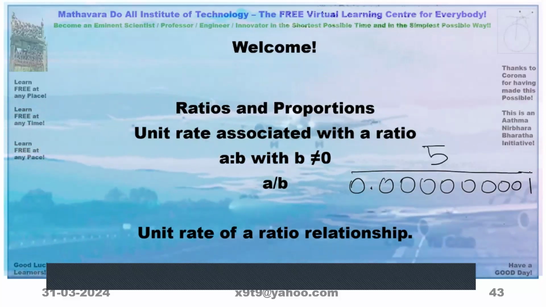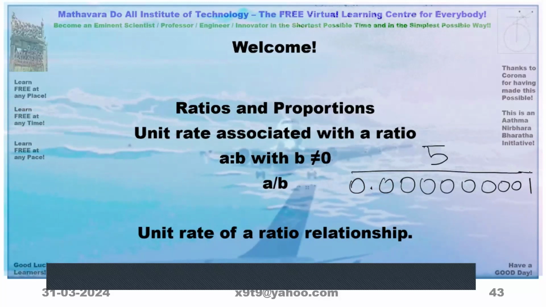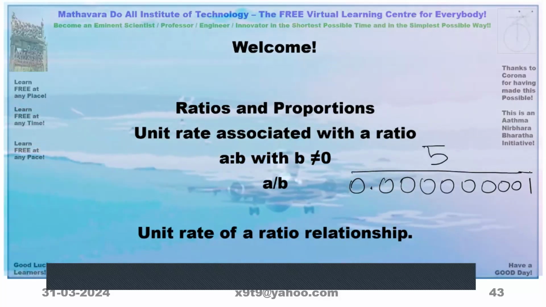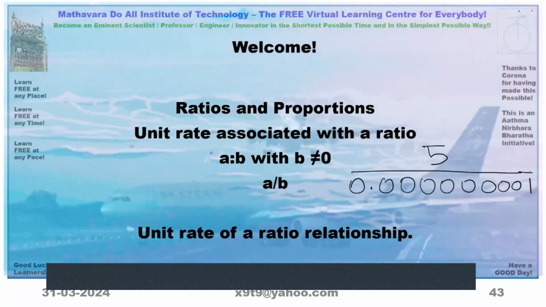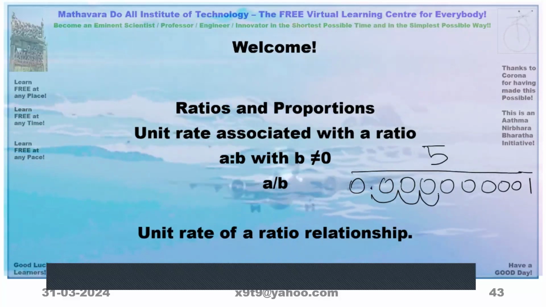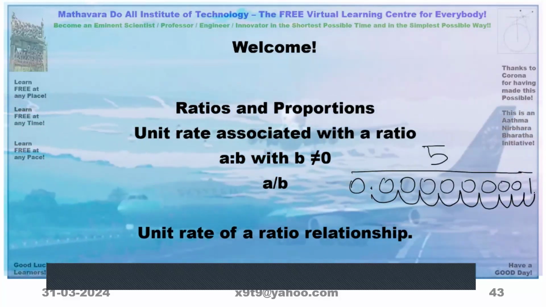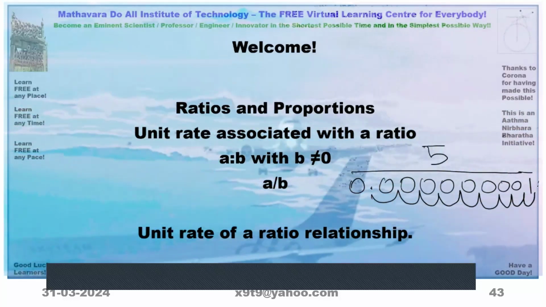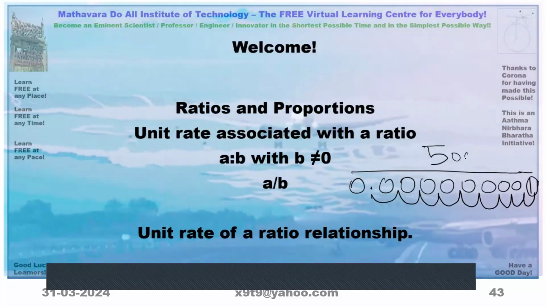See that in the denominator the decimal point is there, which we have to move towards the right till we get 1. So we have to move 1, twice, thrice, 4 times, 5 times, 6 times, 7 times, 8 times, 9 times. Then it will become 1 here. So we have to put 9 zeros there.